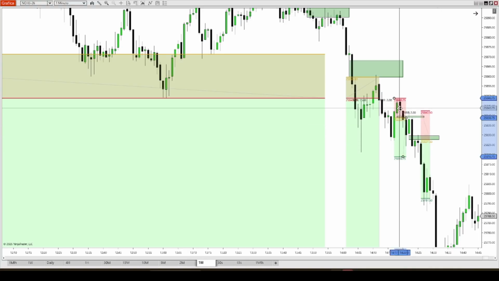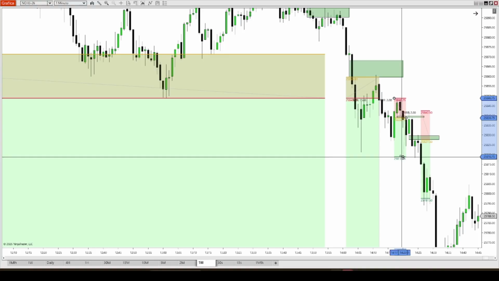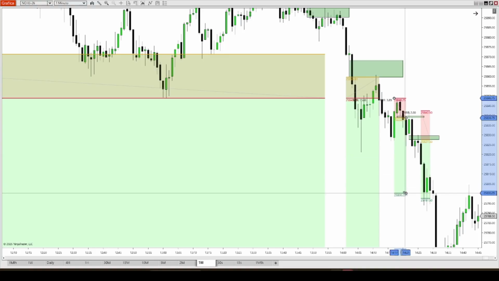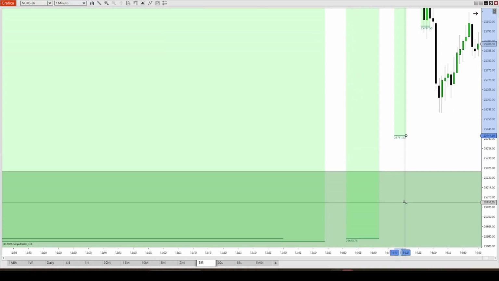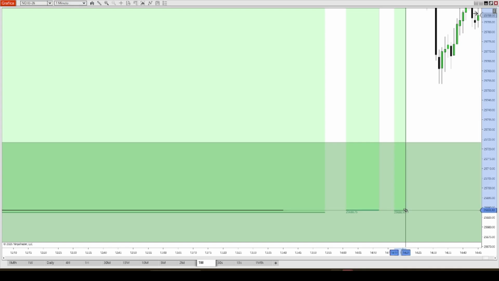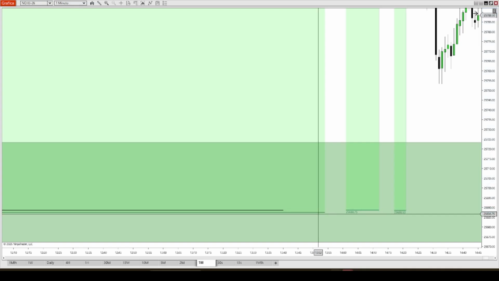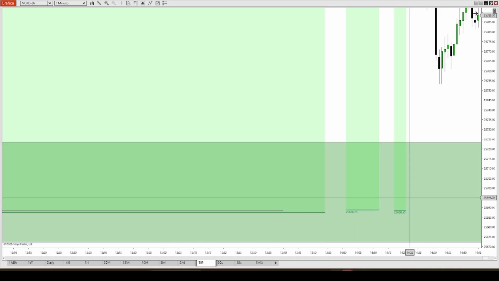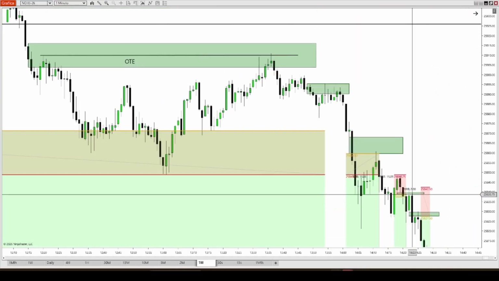So for this second addition, we have to place the profit taking there at equilibrium of the balanced price range.